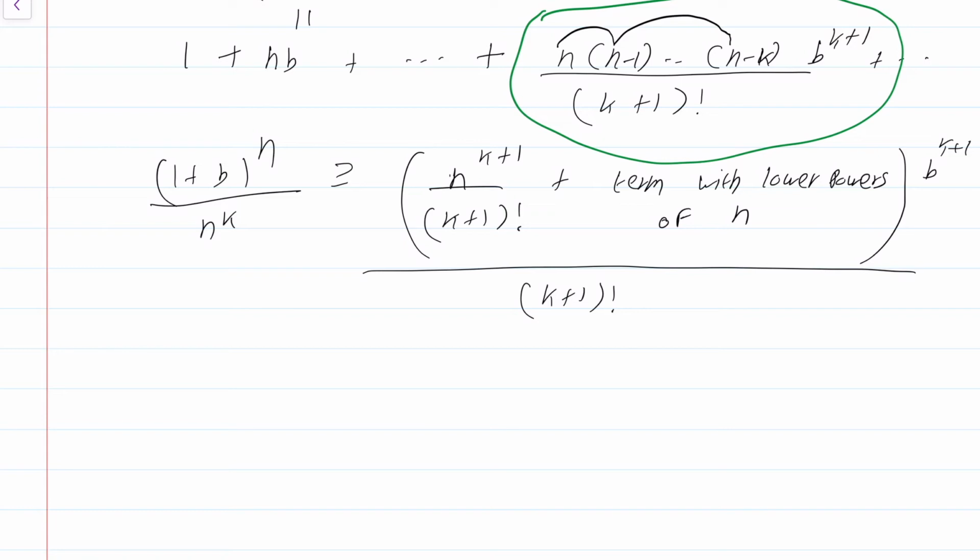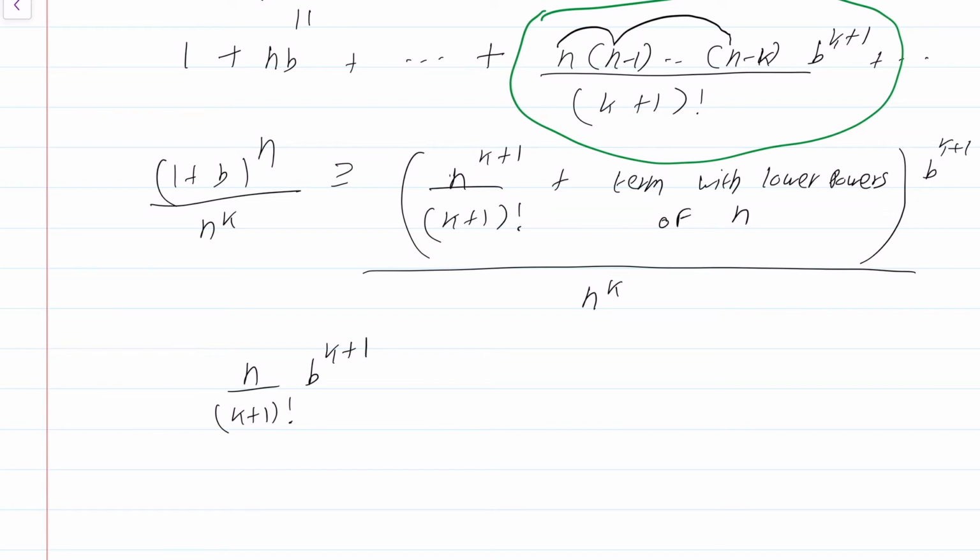There are k plus 1 of them, and oh sorry, I made a mistake here. This is n power k. This is n power k. Okay, so when you do this division, it's easy to see that what you will be left with is n by k plus 1 factorial into b power k plus 1. That will be the first term.